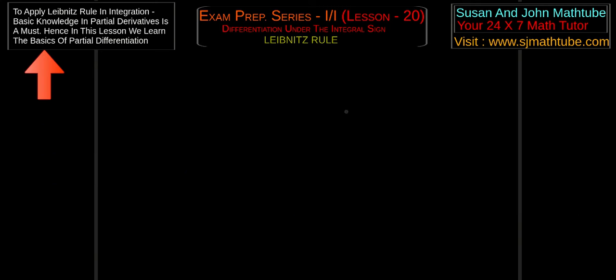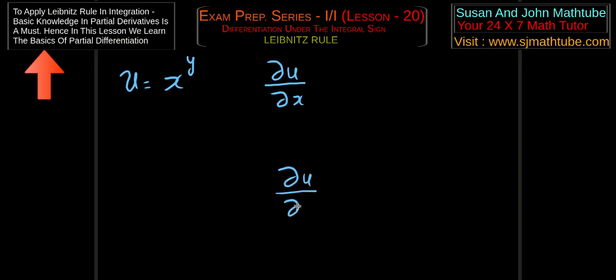Okay, so with that knowledge, let's try one problem. So you can write u equal to x to the power y. So what will be the partial derivative, the curly d with respect to x? And what will be the partial derivative with respect to y? So let's try. So look at this.